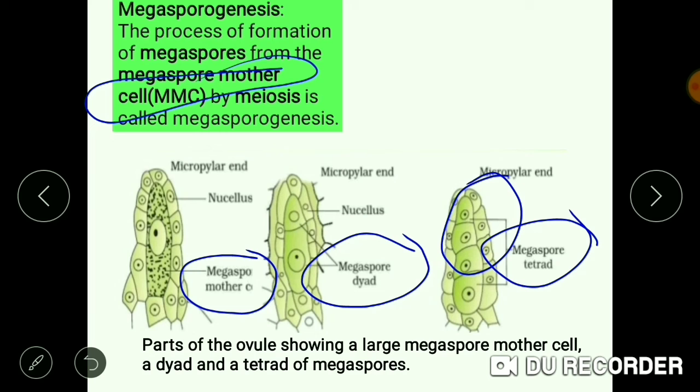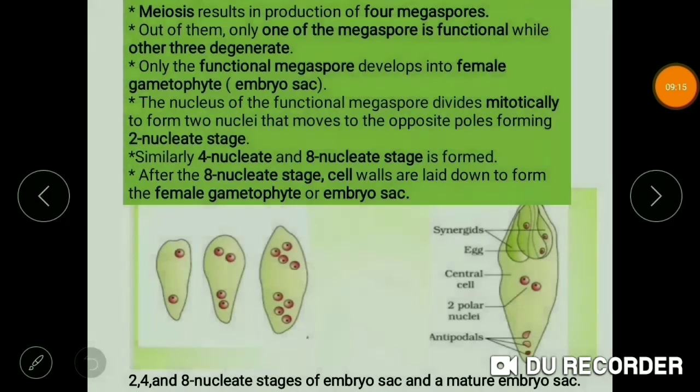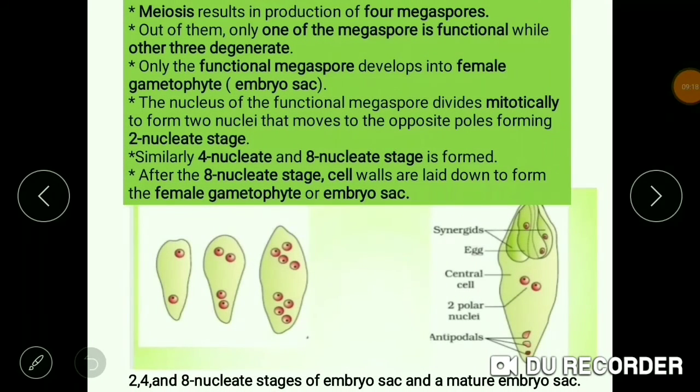Only one of these megaspores remains functional, and it later develops into the female gametophyte or embryo sac. And how this process of development of embryo sac takes place, we'll be studying.